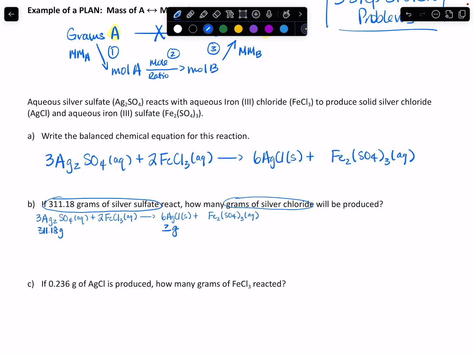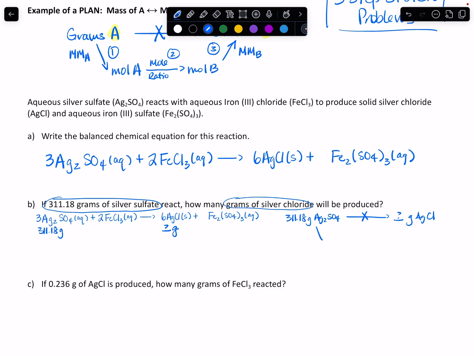All right, so you can see that we are moving between chemical substances within the reaction, which should tell you stoichiometry, which means we need a mole ratio step to move between the 2 entities. So for our plan, 311.18 grams of Ag2SO4, and we're converting that into grams of AgCl. Because these substances are different, we can't go directly.